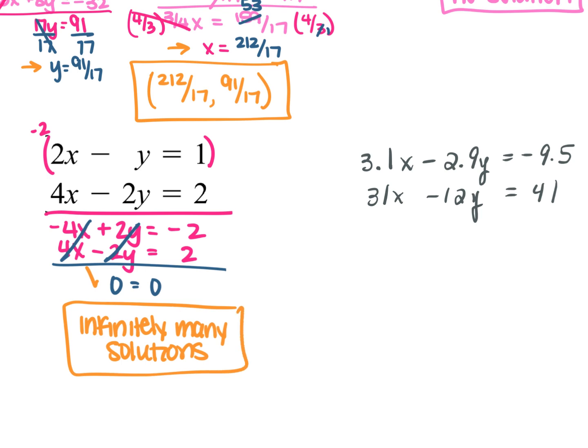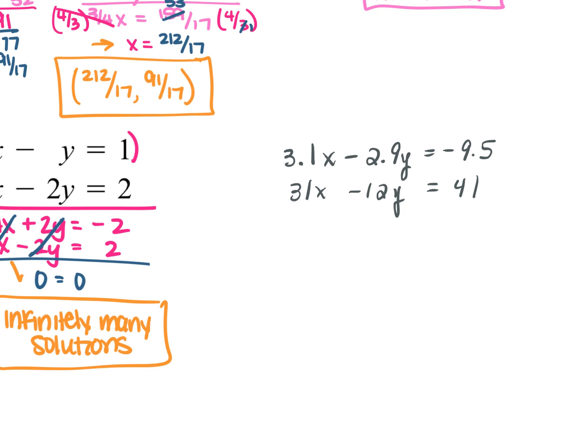For the next example, we have 3.1x minus 2.9y is equal to negative 9.5, and 31x minus 12y is equal to 41. We're going to multiply that top equation by 10 to move those decimal points over 1 for each of those numbers.